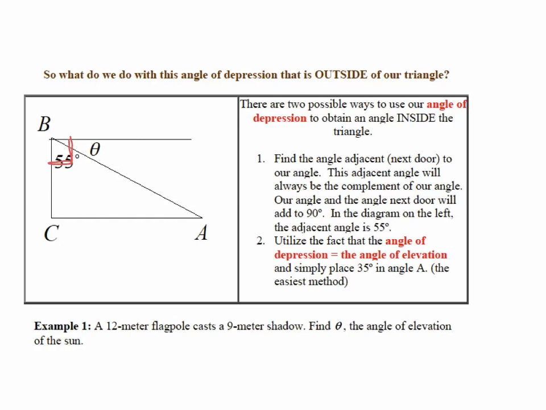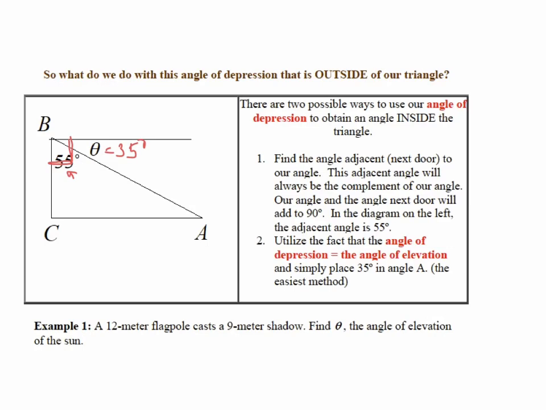So option 1 is to figure out the difference between 90 degrees and your theta value. If this angle is 35 degrees, then that angle had to be 55, because 35 plus 55 makes 90.